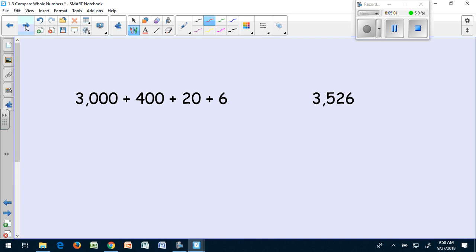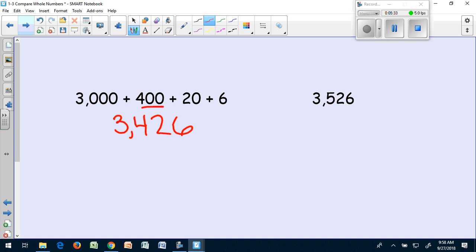Sometimes you might see one like this, where one side is written in expanded form. The best way to answer this is to rewrite the number in standard form. So if I look at this, I have 3,000, then I have a number that's worth 400, and then 26. Now I can easily see what that number looks like.